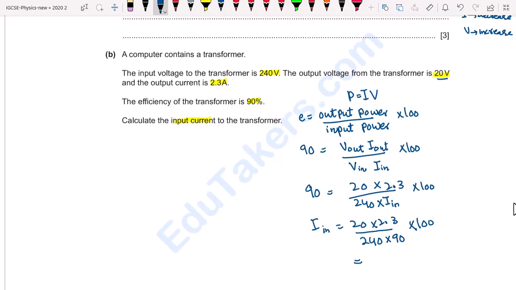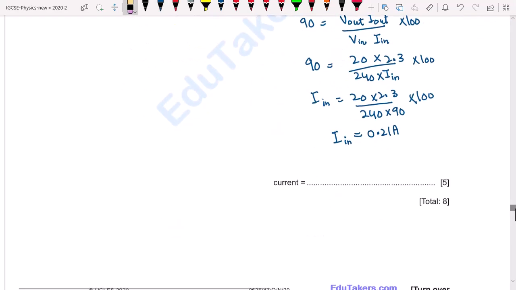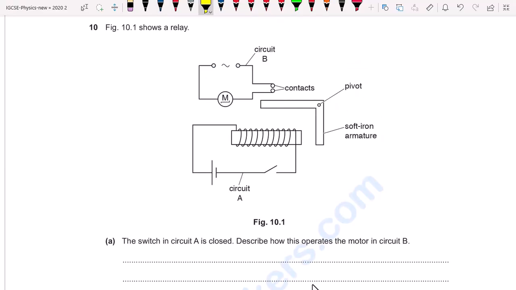It comes to be 0.21 amperes. So the input current is 0.21 amperes.